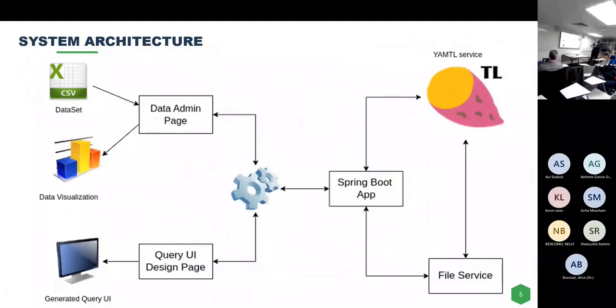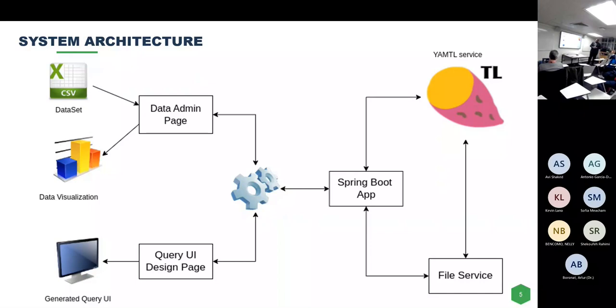Okay, so this is the system architecture. To explain this, I will just use a simple scenario. We have a data set. This data set, like I explained earlier, is a collection of the properties of the patients with these rare medical conditions. So we have two basic interfaces.